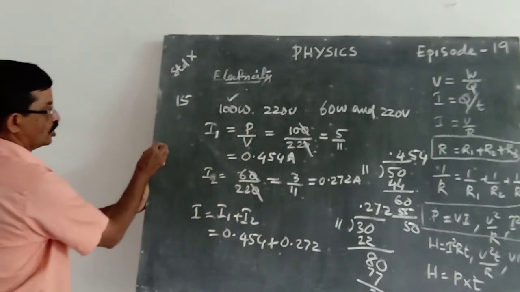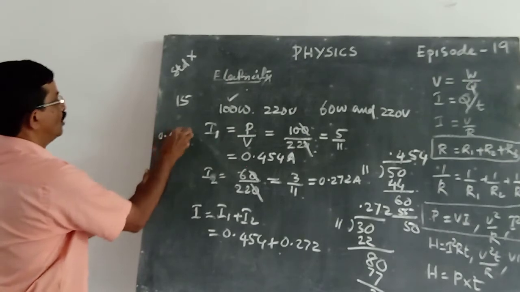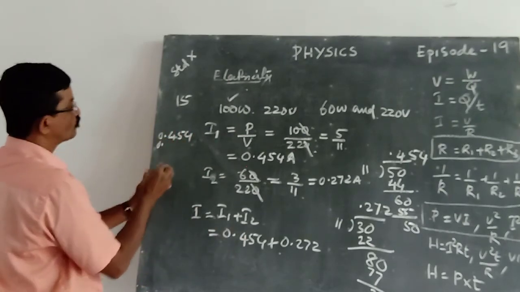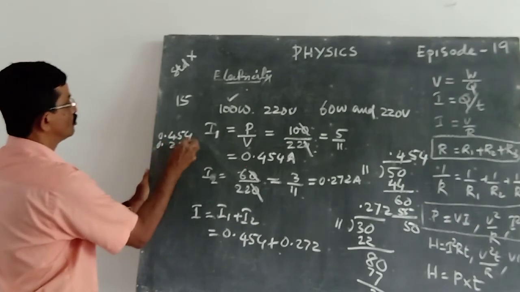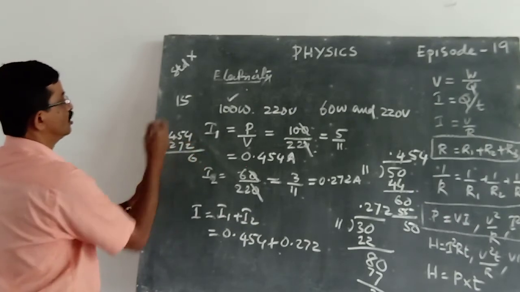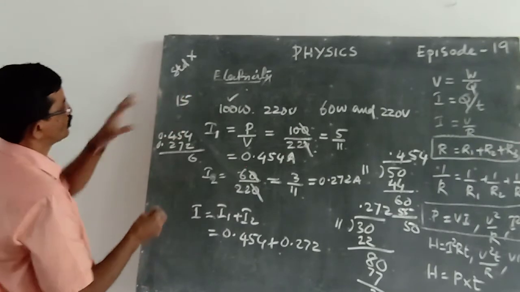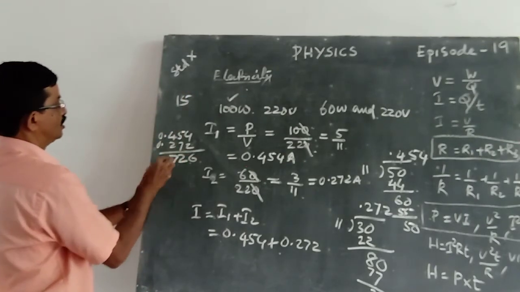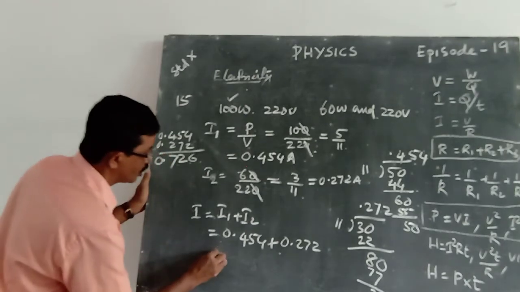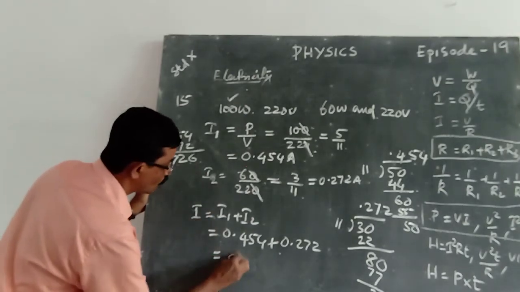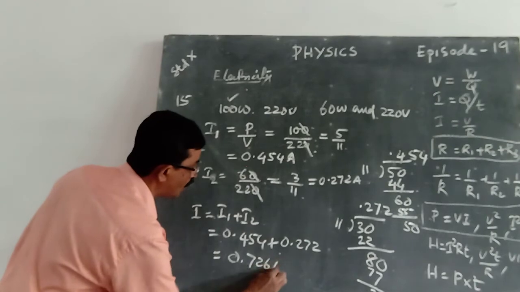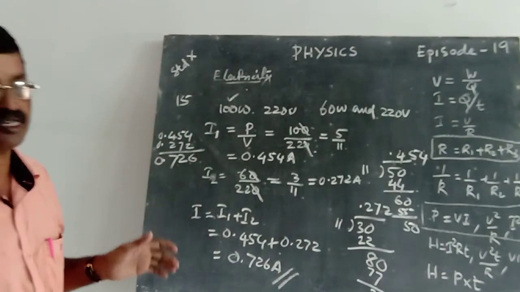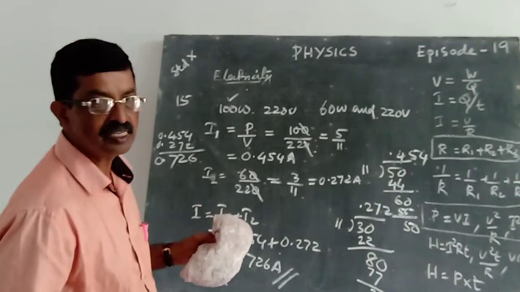By adding these, we get 0.726 ampere. This is the current in the circuit.